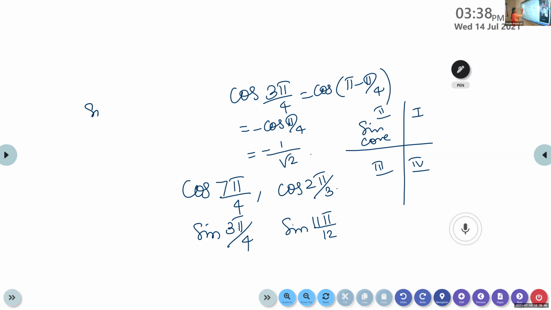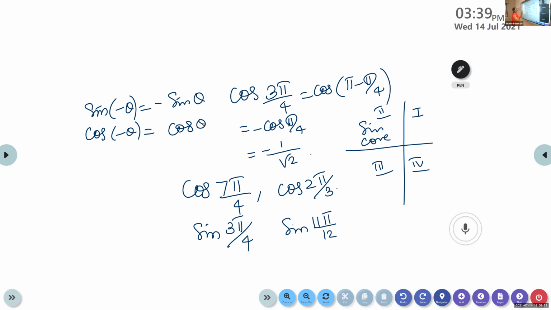Similarly, what is sine of minus theta? Achyut? Sine of minus theta is minus sine theta. What is cos of minus theta?